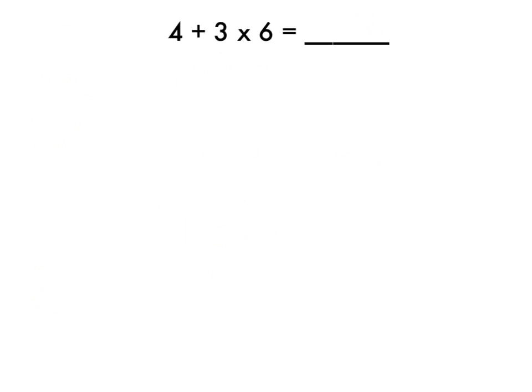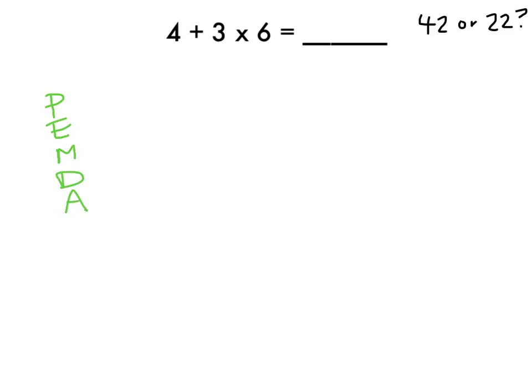Let's return to the original problem that we started with. When we were solving that problem, we said, I think the answer is either going to be 42 or 22. And I'm wondering, now that I know about order of operations, which one is correct? Which way should we have solved? So we want to remember, please excuse my dear Aunt Sally. If we think about what that means, there are no parentheses, there are no exponents.